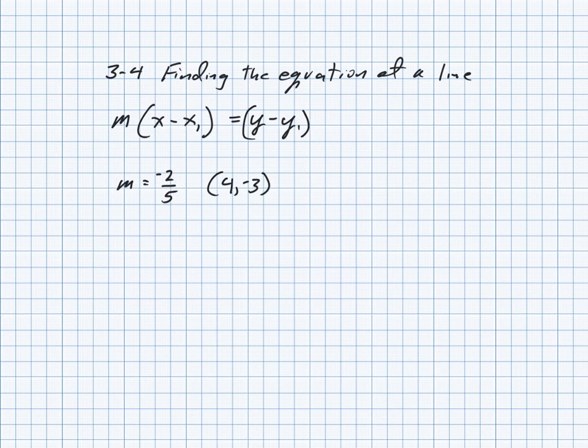What I can do is put the slope in here for m, put the x value of the point in here, and the y value of the point in here. Be careful, though, because there's a negative sign inside the formula, which takes the opposite of the point values. So just plugging in the values, you will quickly create an equation of the line: 2/5 times x minus 4.